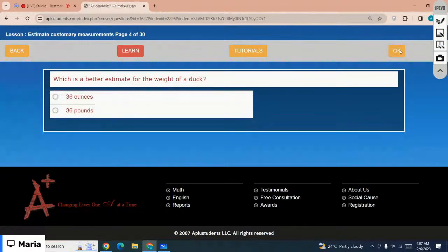Which is a better estimate for the weight of a duck? Is it 36 pounds or 36 ounces?